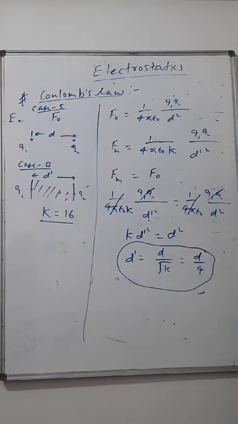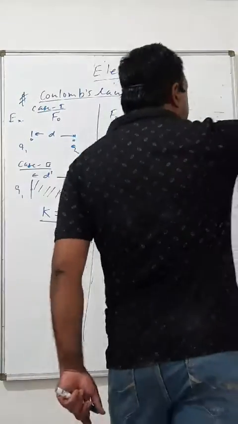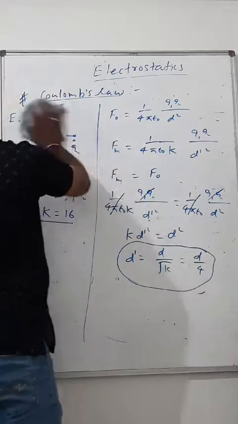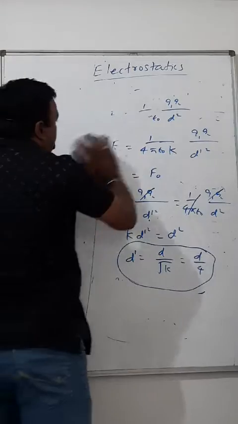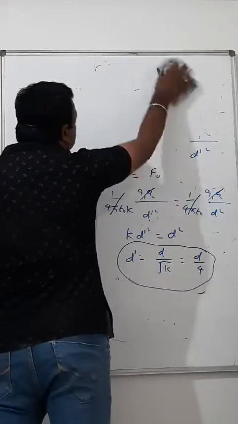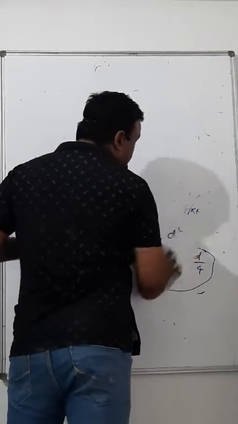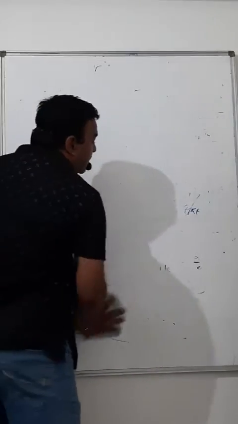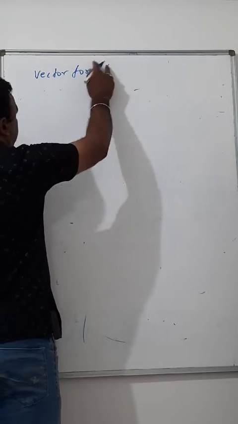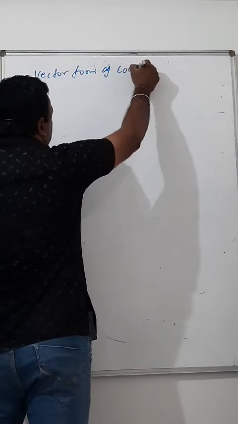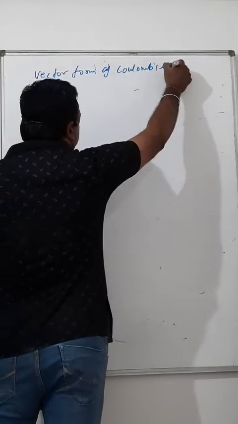After that, we come to a very important point of Coulomb's law that makes lots of students, I have seen in my career, get stuck: the next point, the vector form of Coulomb's law.